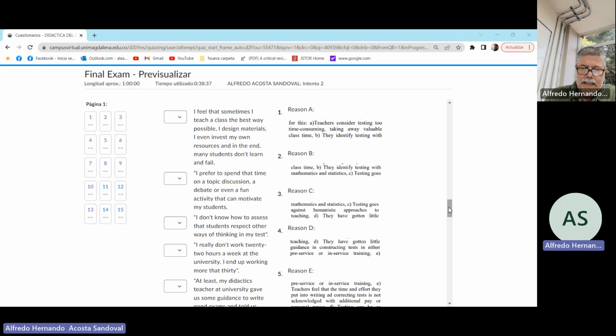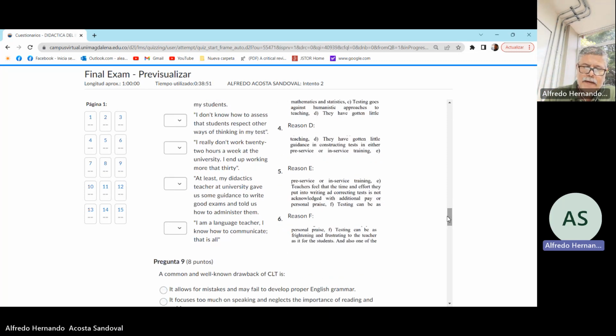They have gotten little guidance. Oh yes, I say here that when a teacher says, well, at least in university I received some training, something like that. Teachers feel that the time and effort they put into writing and correcting tests is not acknowledged. Yes, I think that is the one that says, I don't work 22 hours, I work 30 hours or more. Testing is frustrating for teachers because sometimes we devote a lot of time to write exams.